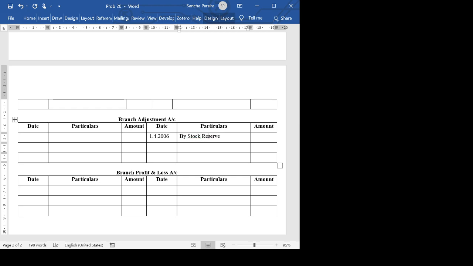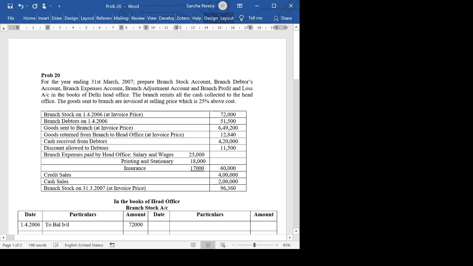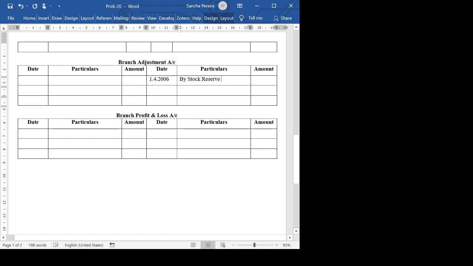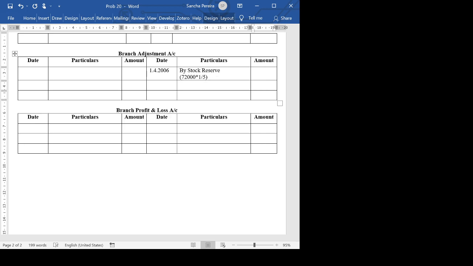Now, the percentage that is given to us is stated on cost, that is, 25% on cost, which means 1/4 on cost becomes 1/5 on selling price. So the amount is 72,000 into 1/5, which is 14,400.